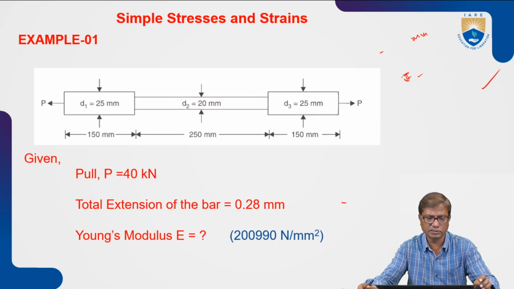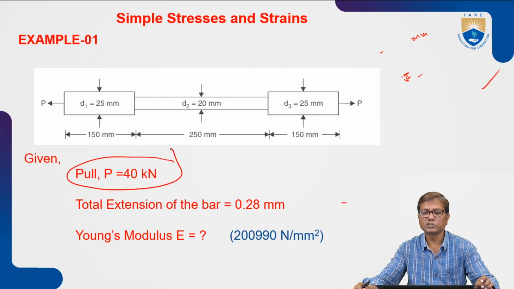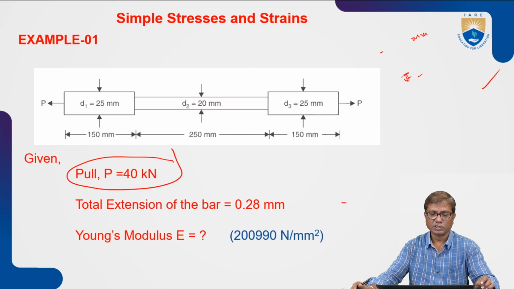For the end portions, the lengths are 150 mm each, and for the middle portion, the length is 250 millimeters. The member is subjected to an axial pull P of magnitude 40 kilonewtons.